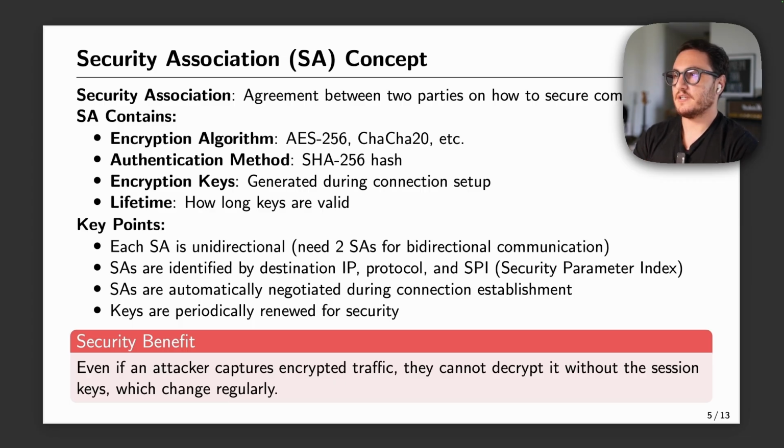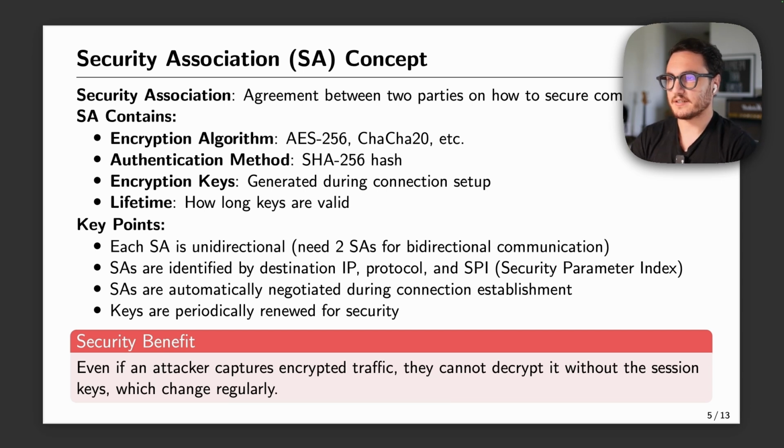The key point is each host on the VPN, the client and the server, will send an SA, and then they will be negotiated when they're establishing the connection, and the keys are periodically renewed for security. I think the default configuration on Linux is every couple of minutes.